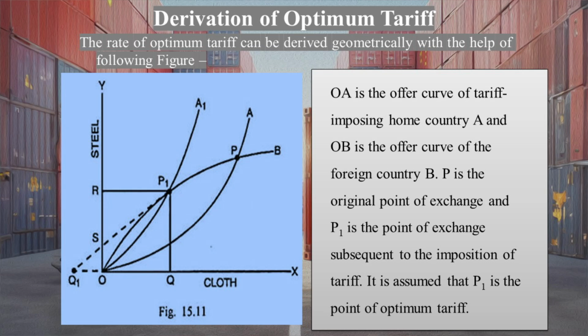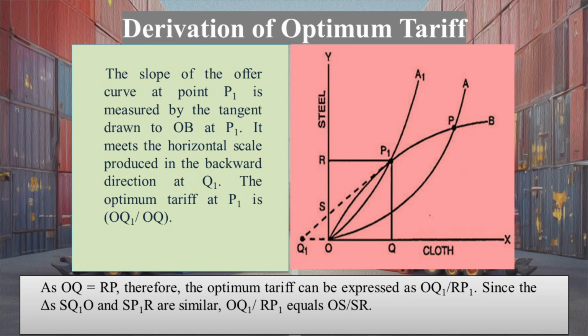P is the original point of exchange and P1 is the point of exchange subsequent to the imposition of tariff. It is assumed that P1 is the point of optimum tariff. So in the diagram, the slope of the offer curve at point P1 is measured by the tangent drawn to OB at P1.